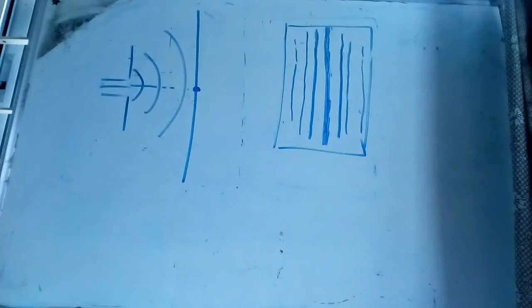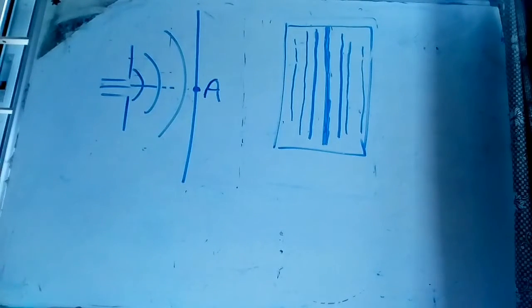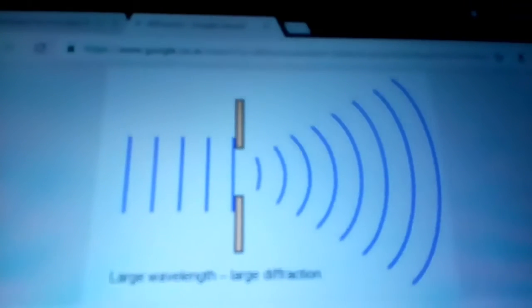The middlemost point, point A, forms the brightest image on the screen, and slowly towards the upside and downside, the intensity of the brightness of the light decreases, as you can see in the right figure. So this is the circular image of the diffraction pattern.